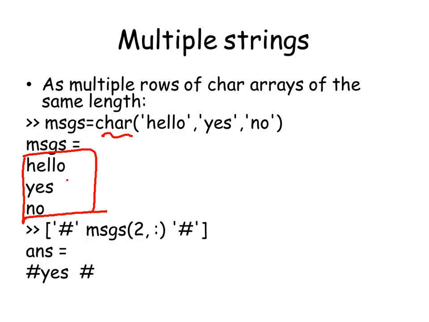So when you use the char function, you will get a matrix, and the shorter words will just be appended with spaces so that you have a proper matrix. Okay? So this is a 3x5 matrix where the first row contains the characters hello, and the second row contains the characters yes and 2 additional spaces. Okay?